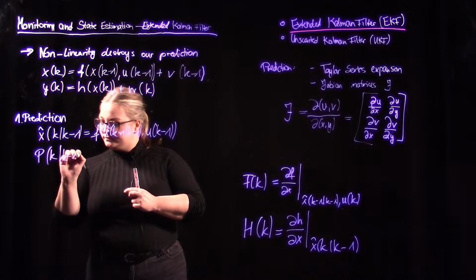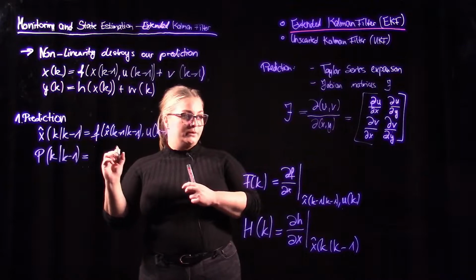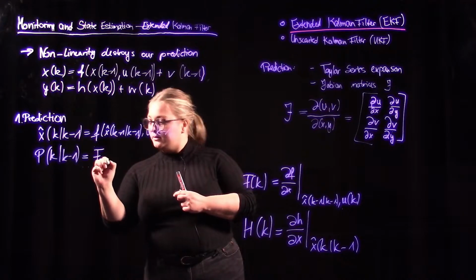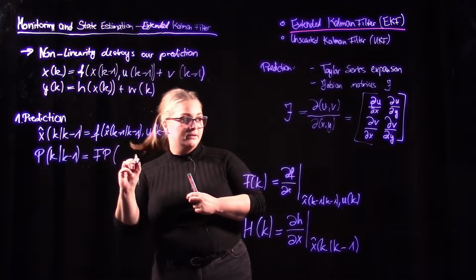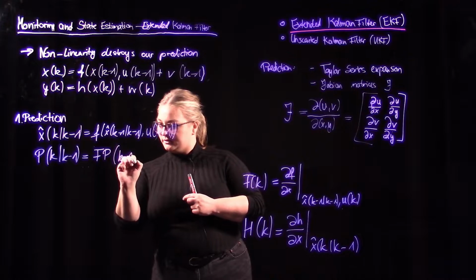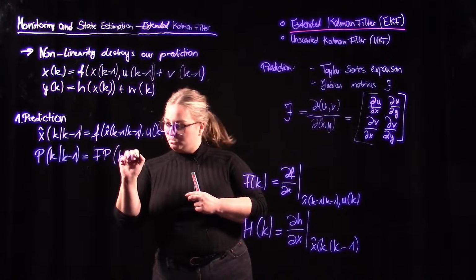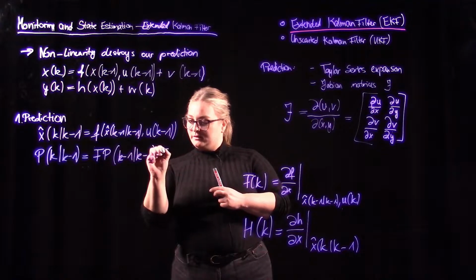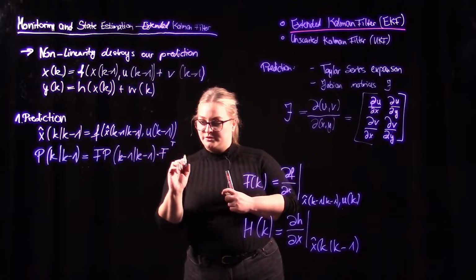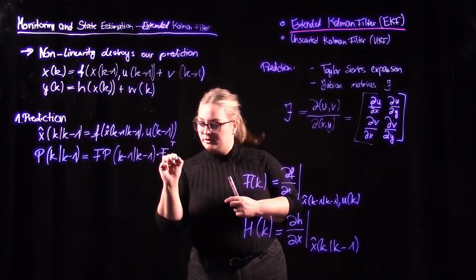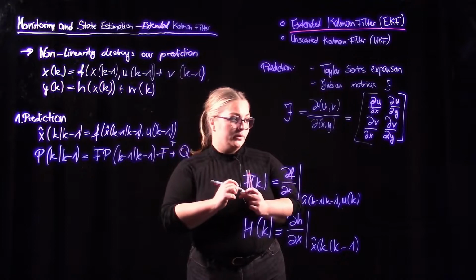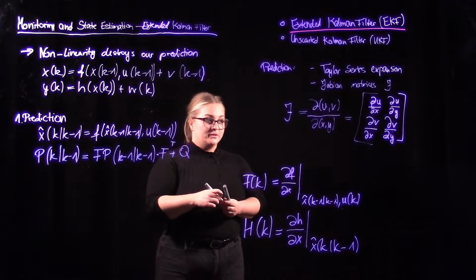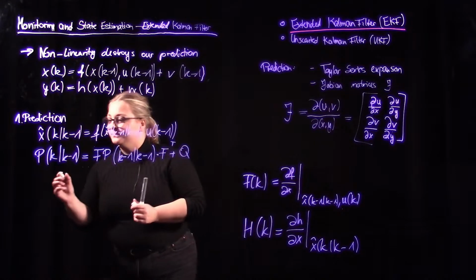For our regular state transition at K minus 1, and covariance at K minus 1 and K minus 1, at our transposed state transition plus Q. Q again is our process error matrix.